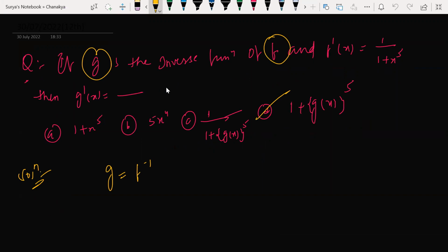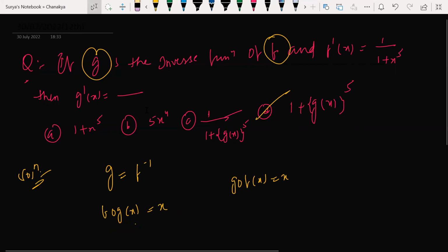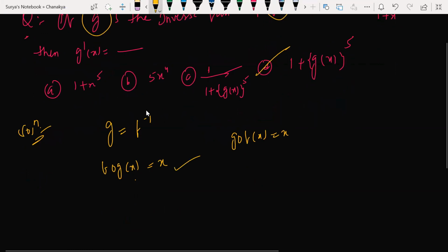So F of G of X is equal to X. There is a property of inverse function: you can even take G of F of X is equal to X. We took this because we need G dash of X, the derivative of the inverse.